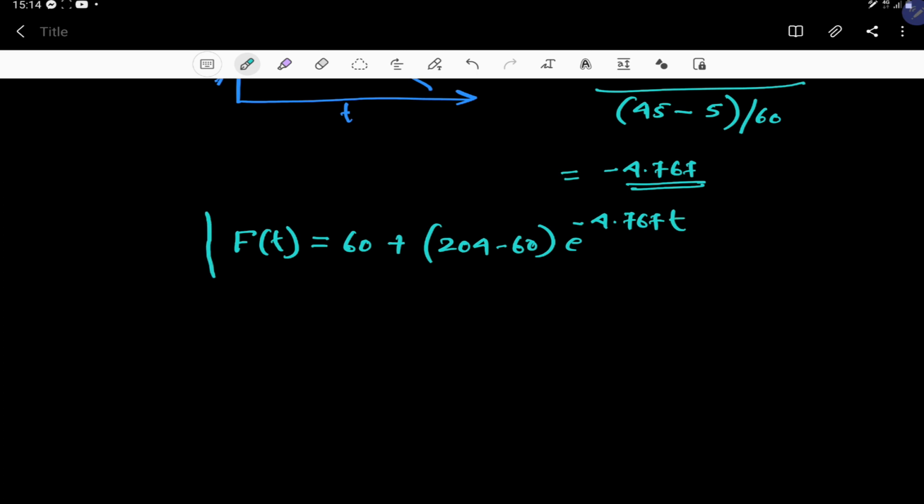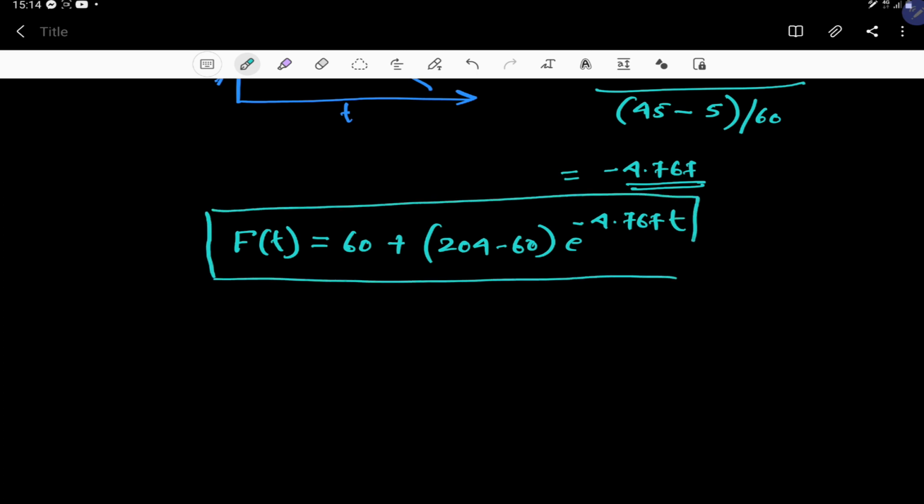So we have solved the problem. This is how the problem is solved.